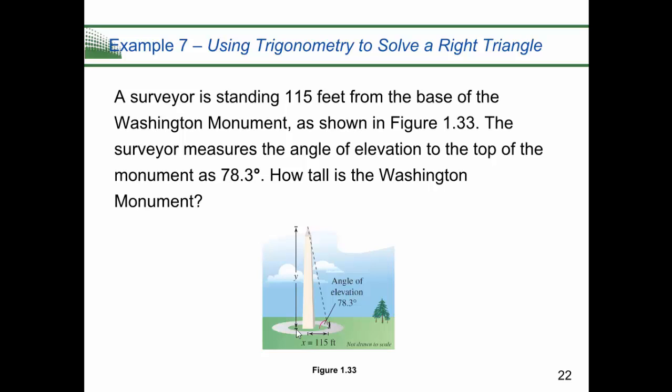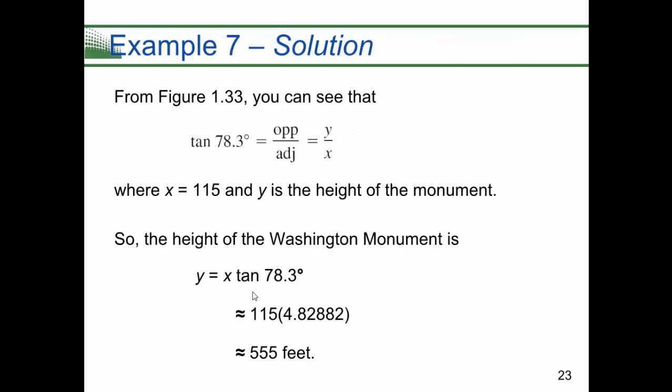So thinking about what we need, we have this angle, we have the side adjacent, we have the side opposite. The trigonometric function that deals with the opposite and the adjacent is tangent. So we know that the tangent of that angle, the 78.3 degrees, is equal to the opposite over the adjacent.